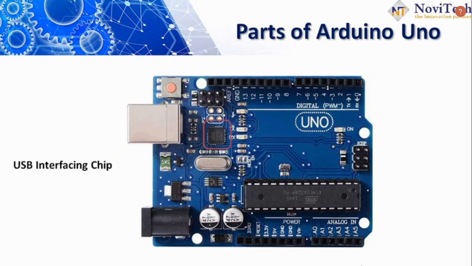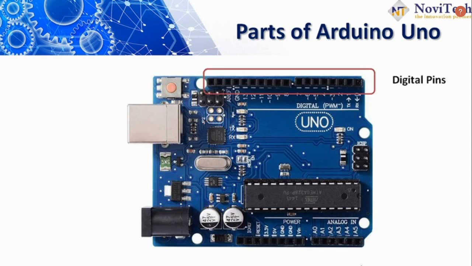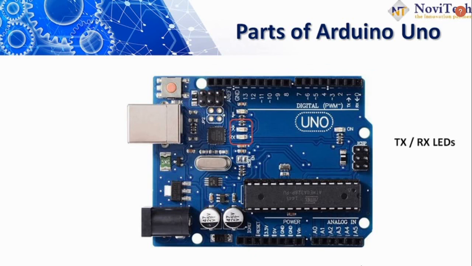The next is USB interface chip. It controls the USB which gets connected. The next is digital pins. It's used to connect the digital devices. There are 14 GPIO pins. GPIO pins means general purpose input and output pins, in which 6 pins are PWM pins, which are pulse width modulation pins. The next is TX-RX LEDs.